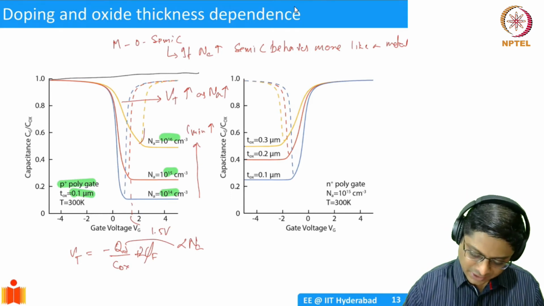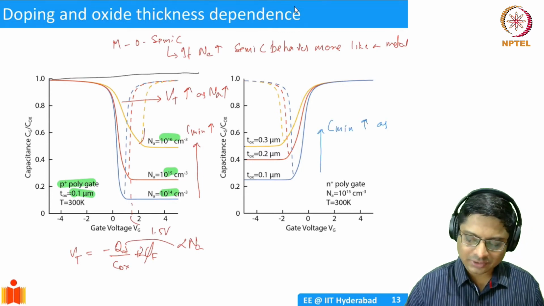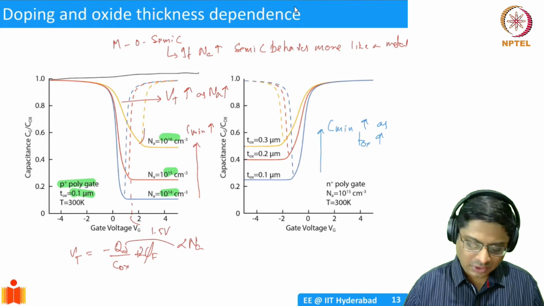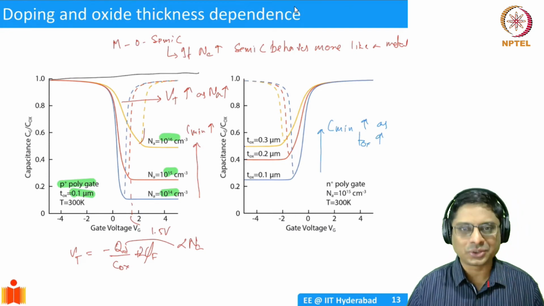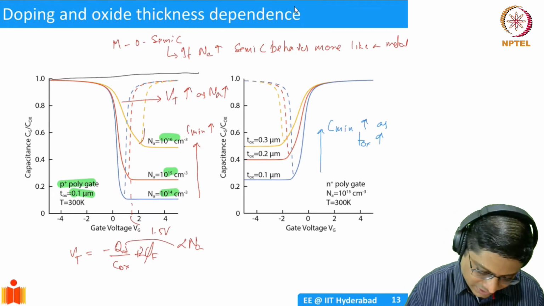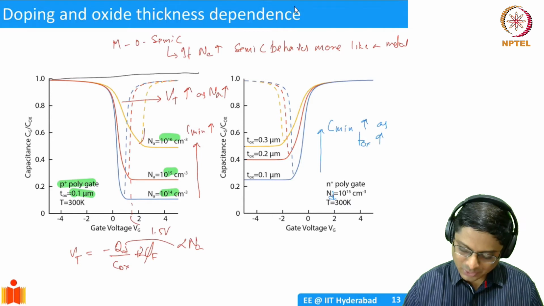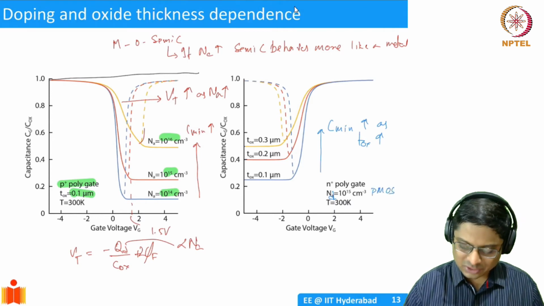We are again seeing the same trend. So basically, C min increases as TOX increases. I wrote Na here, but that is incorrect. This should be ND. This is a PMOS device, so it has to be an N-type substrate.